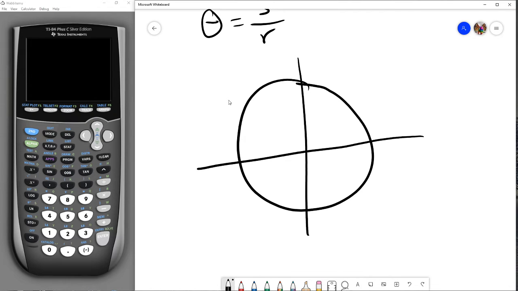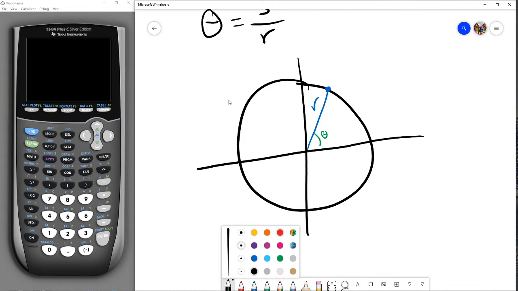Now here is our r, there's our radius r, and here's our angle theta. Now we need to have a couple new colors. So what we want to think about now is drawing a triangle, right? So if we think about this triangle here, let's use this purple.